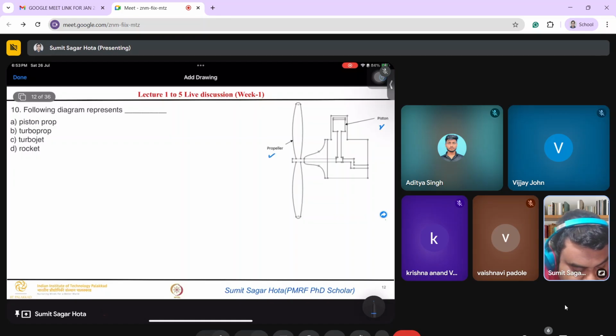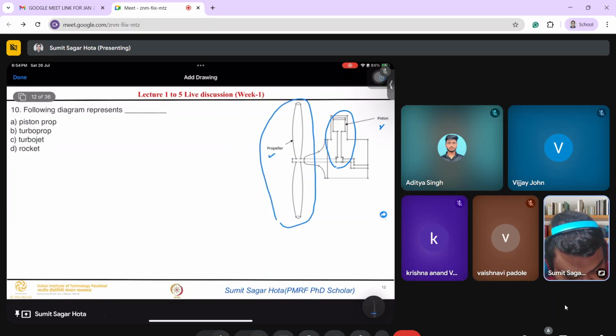They only show you a line diagram and then ask what this is. Here you can see one piston, and there also exists one propeller in the aircraft engine. It's obviously a piston prop engine.